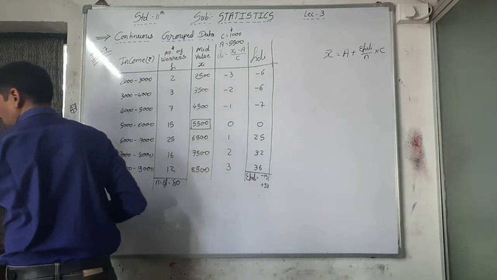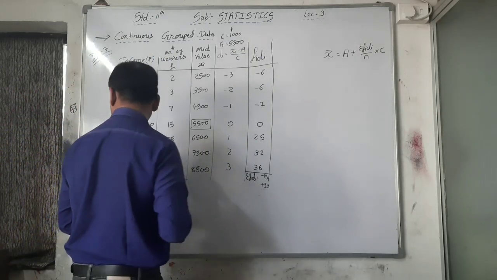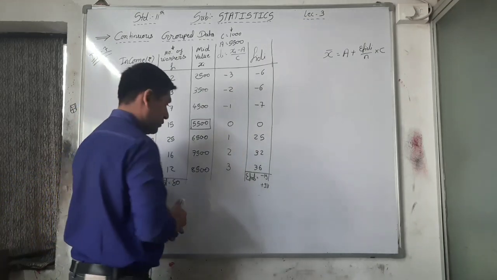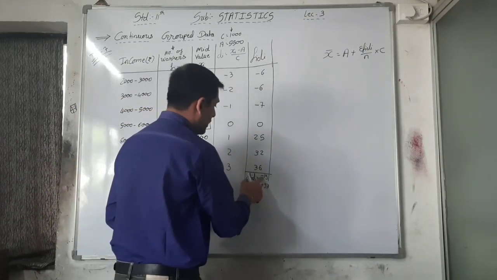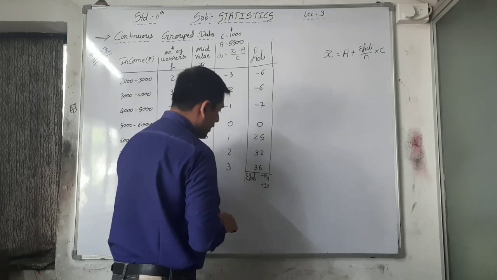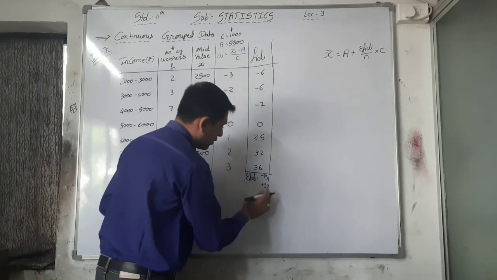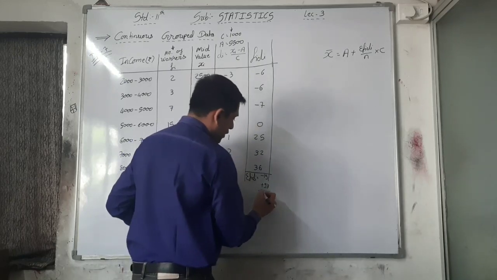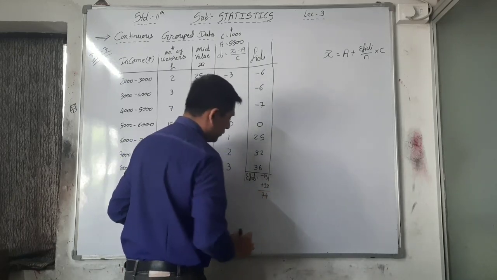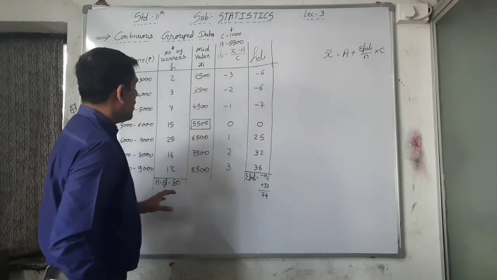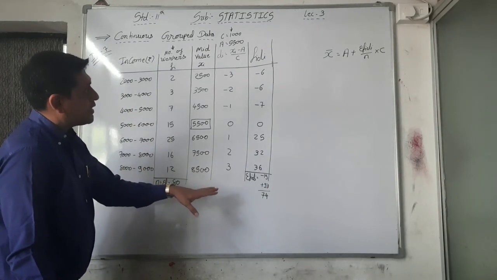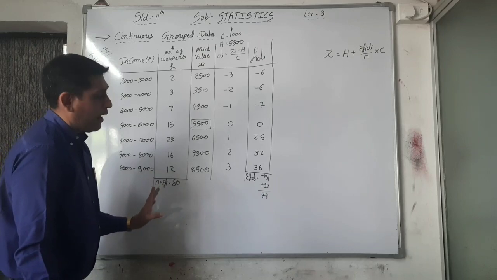So here 93 minus 19 is 74. Okay, so here we have all these values: a, c, then sigma fi di, and then n.